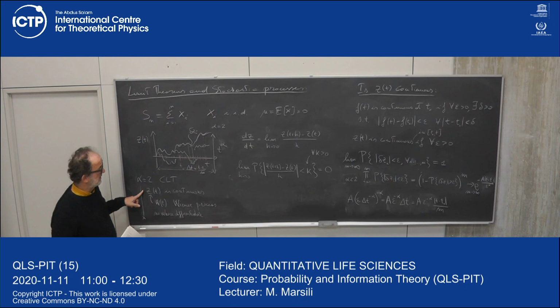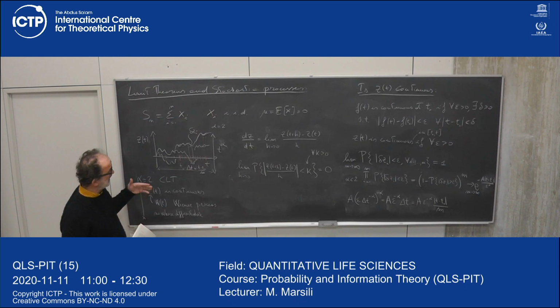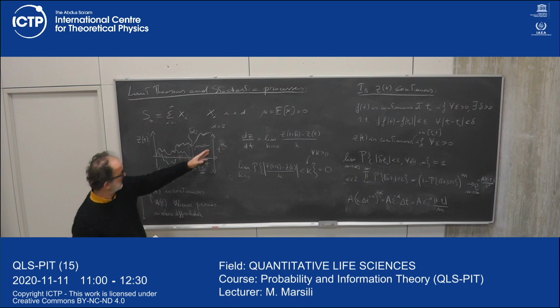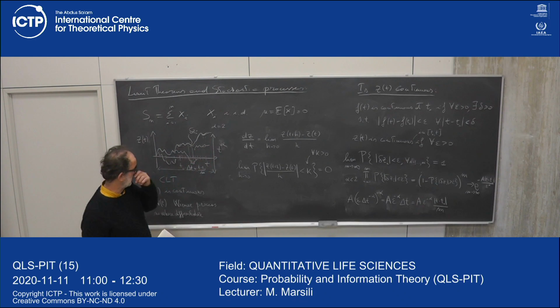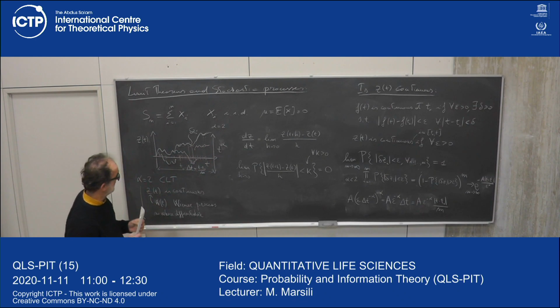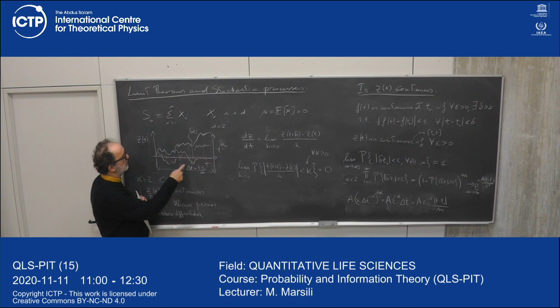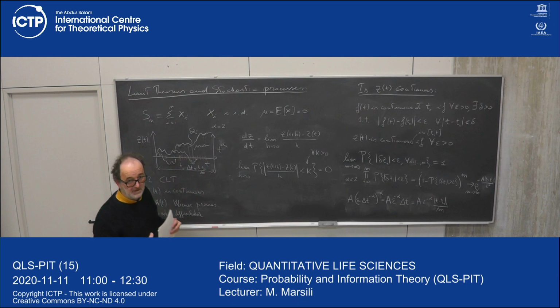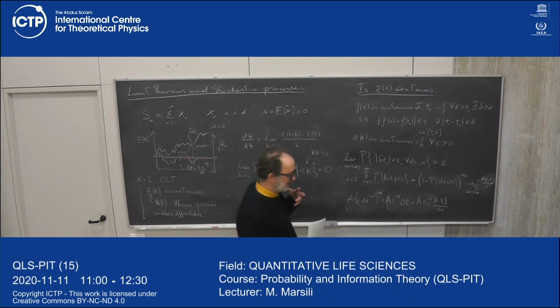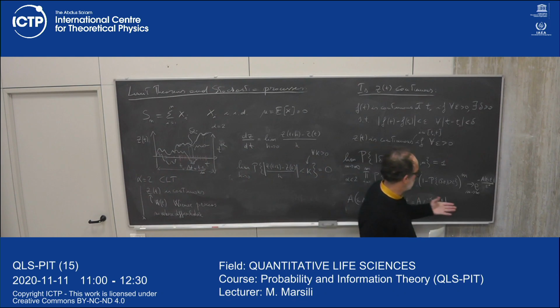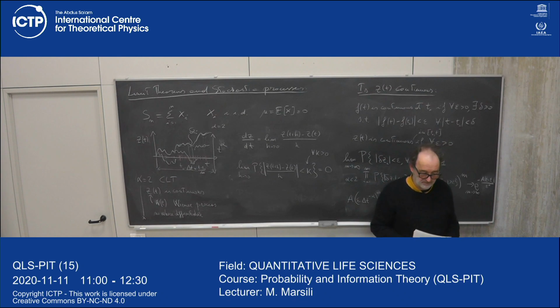When alpha is less than 1, essentially the total variation of these trajectories is given by just a few jumps. The number of jumps that you have in any interval is essentially distributed as a Poisson distribution.